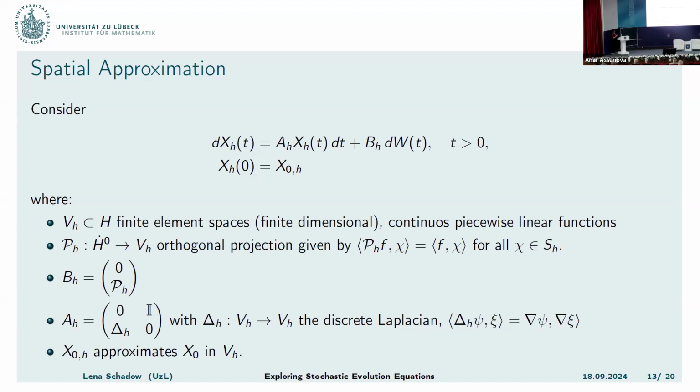We really decided to use just linear functions, not polynomials. We can use those to get a better order of convergence, but then we need more assumptions on the regularity. And now we take an orthogonal projection given by this scalar product. It's the normal way, and we approximate every operator by a finite element version.